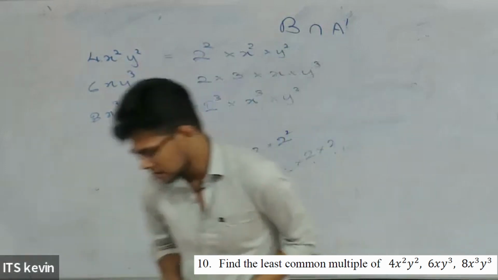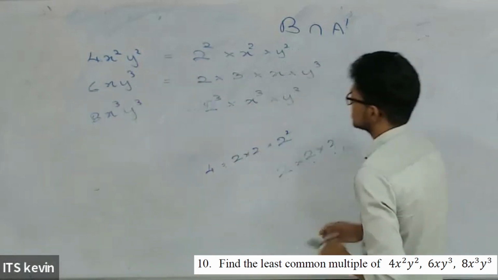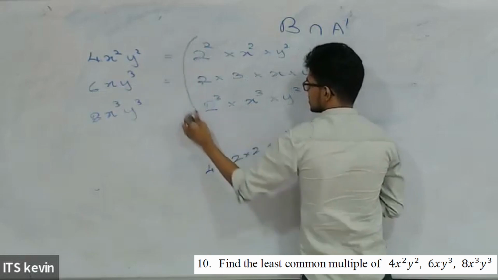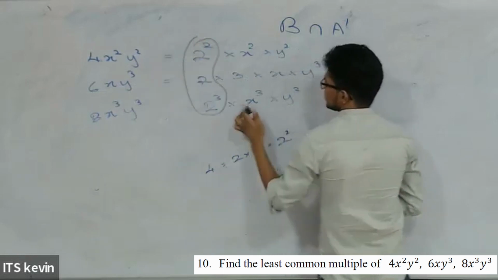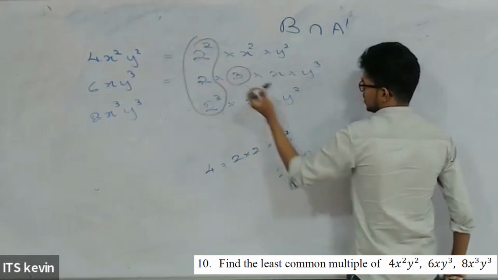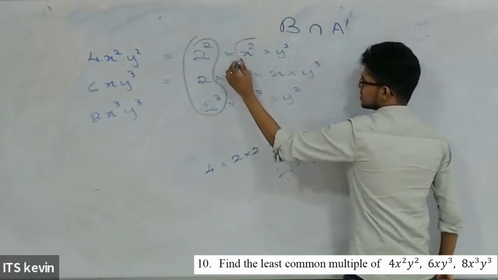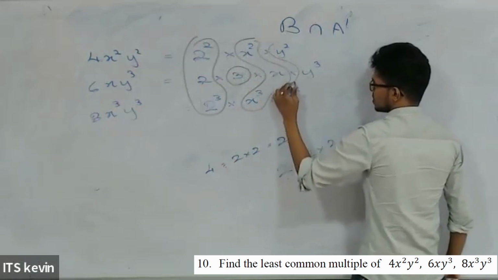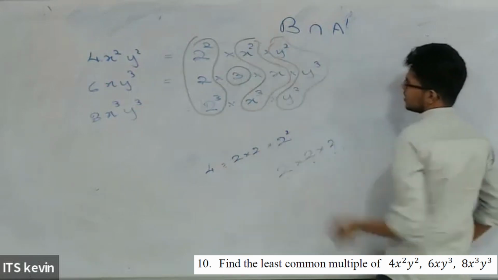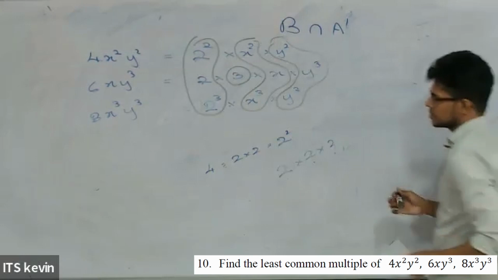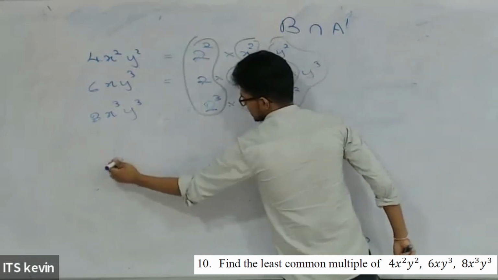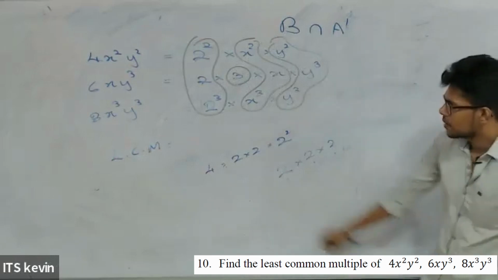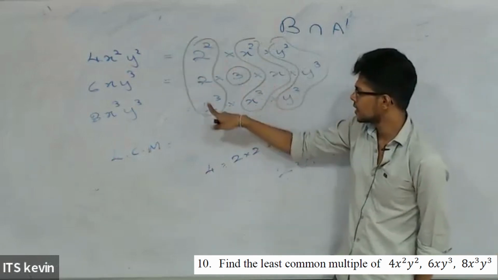Okay. So now, just circle the similar ones. 2, 2, 2. Just circle them. 3, here only you have 3. X, Y. There are no other numbers. So the LCM, you have to write the highest power. 2 to the power 2, 2 to the power 1, 2 to the power 3.